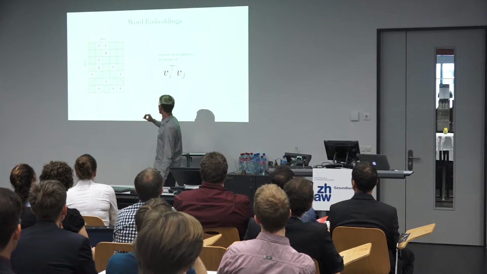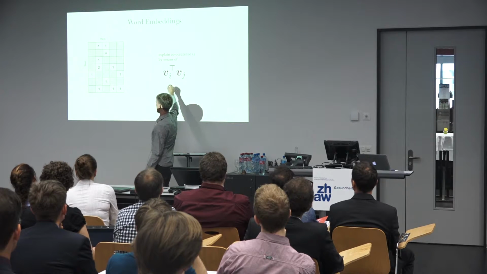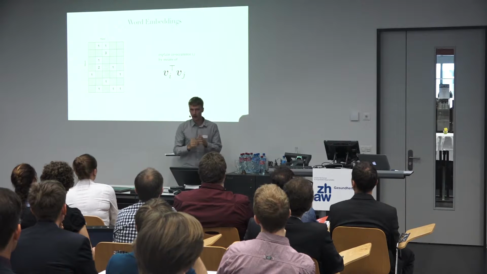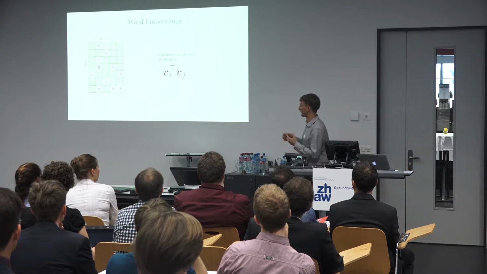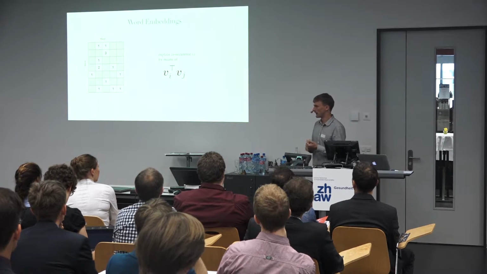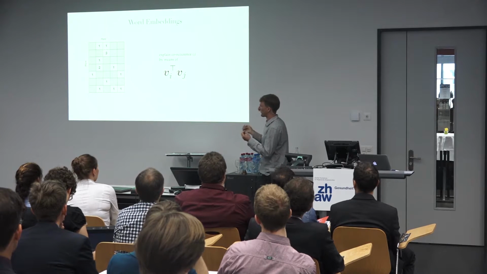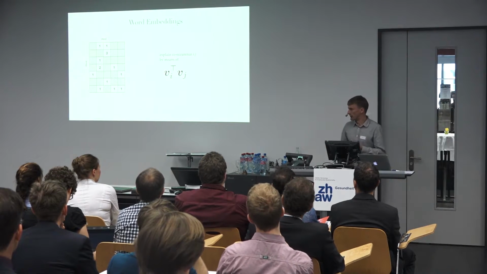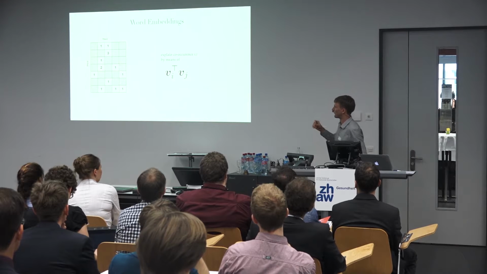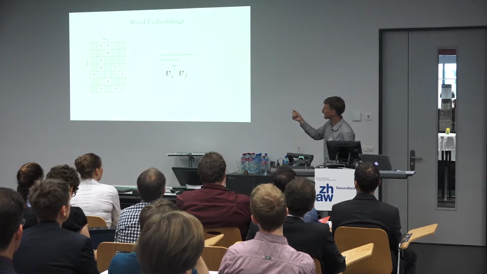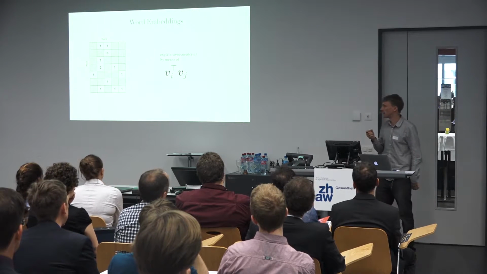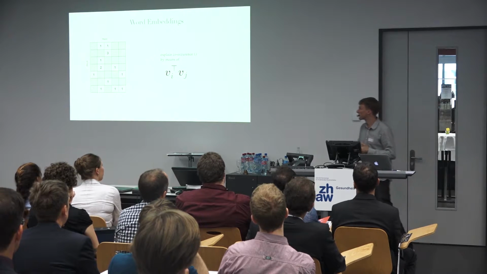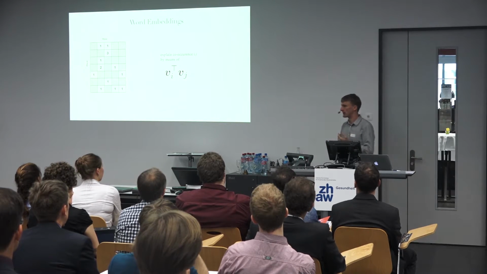I'll try to make this number similar to the inner product of the vector of word i with the vector of the other word. You can do this directly, or you can approximate some function of this frequency, that they occur twice together, with the inner product. There are many variants of this.